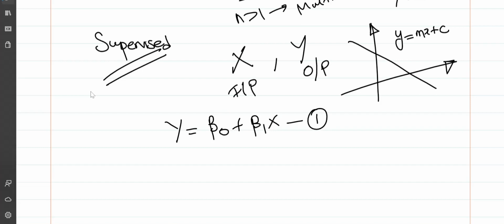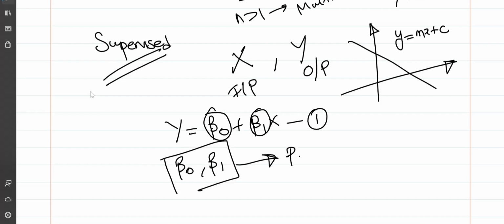Here x and y are the independent and dependent variables respectively. Beta 1 is the coefficient for the independent variable and beta naught is a constant term. Beta naught and beta 1 are the parameters of this model. They are going to help us determine the analysis.